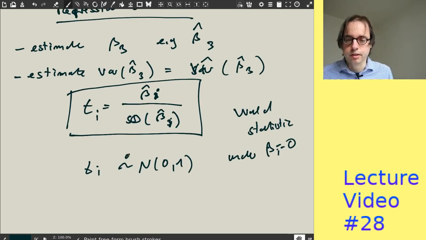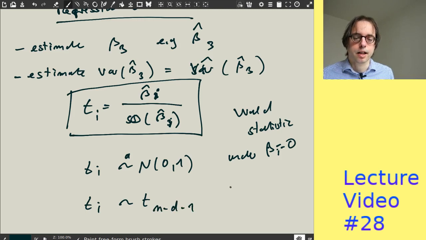That's the asymptotic distribution, and the exact distribution is actually the t distribution with degrees of freedom n minus d minus 1 under exact normal data.